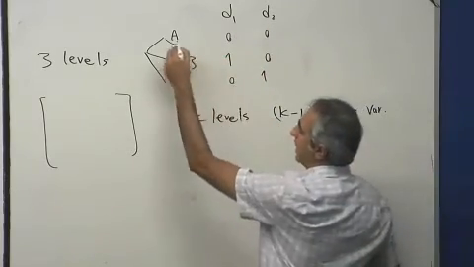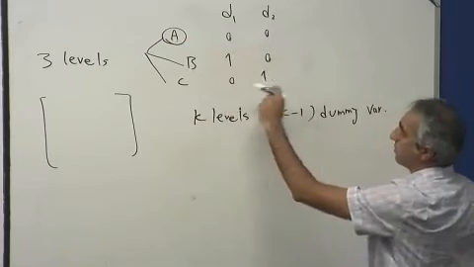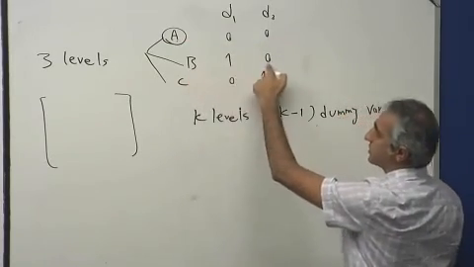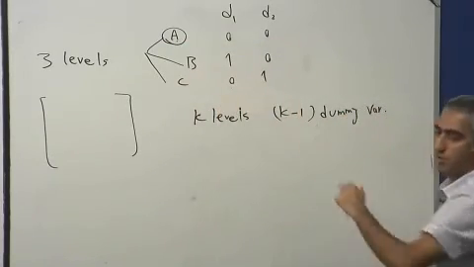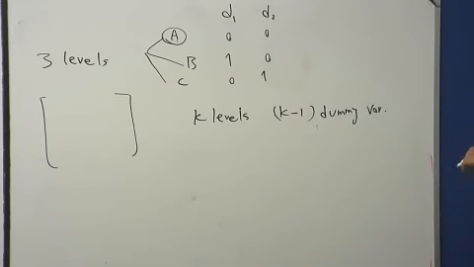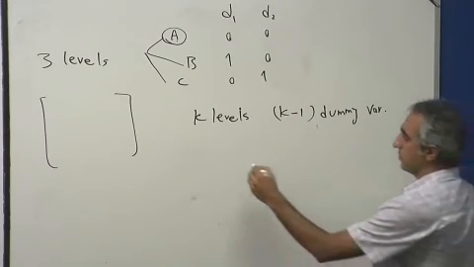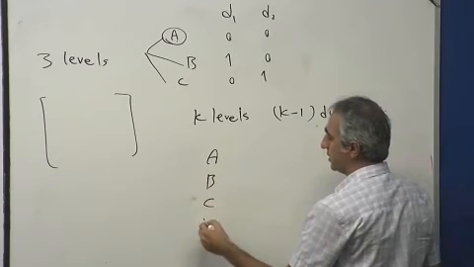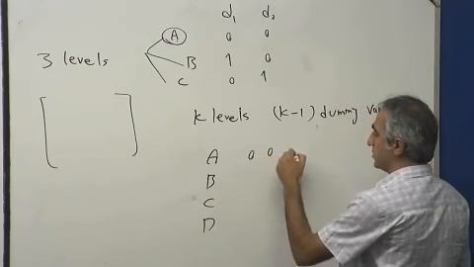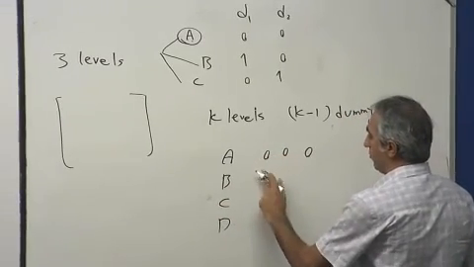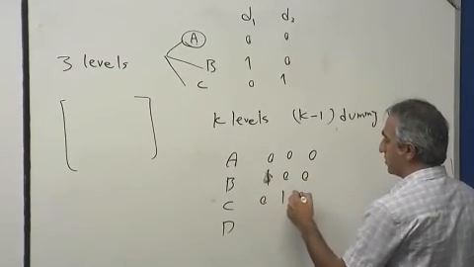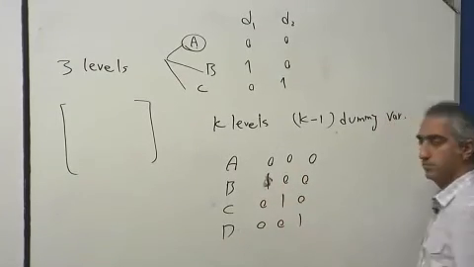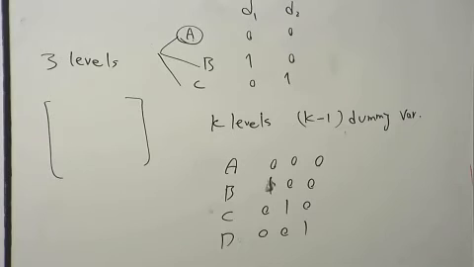Whenever it is at level A, we use 0, 0. Whenever it's at level B, we use 1, 0. Whenever it's at level C, we use 0, 1. For D, we need one more. So, for example, A, B, C, D would be 0, 0, 0, 1, 0, 0, 0, 1, 0, and 0, 0, 1. That's for 4 levels.